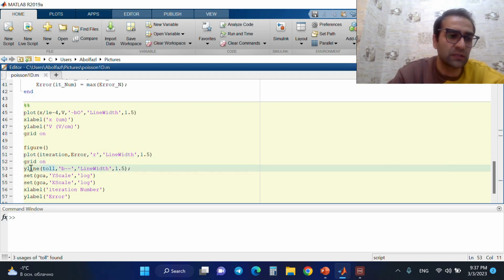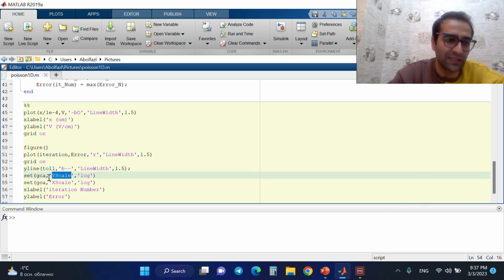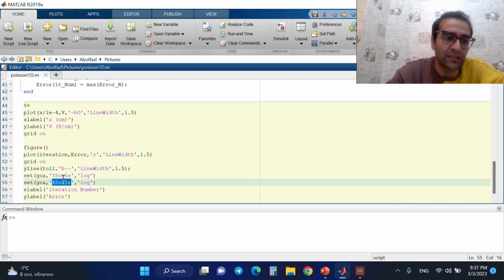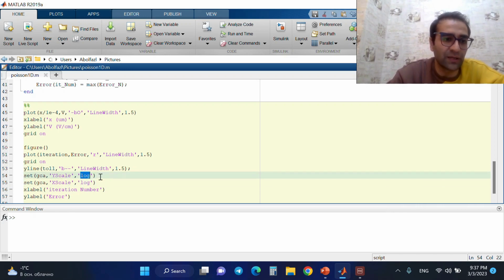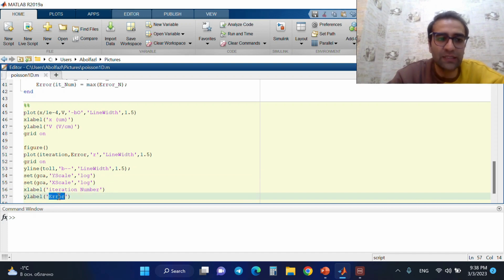And then I use this command yline tolerance with blue color and dashed line, and the line width 1.5 will just plot a horizontal line inside our graph to show us the defined value for the tolerance. Then I define the y axis and x axis to be in logarithmic scale, using this command set GCA y scale log, and the x label here is iteration number and the y label is error.